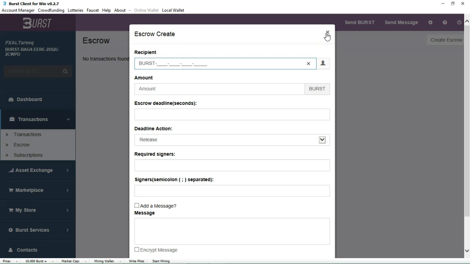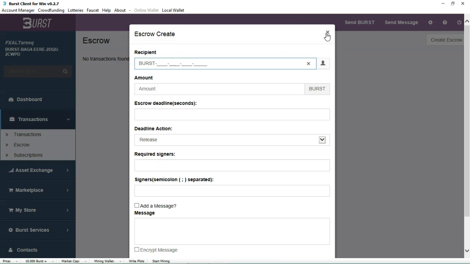Say you want to sell a car and use Burst Coins as a transaction for that. To protect yourself, you put the funds inside of escrow, and once the seller has delivered the title, you can have the funds released to the seller. So it protects you as well as the seller involved.